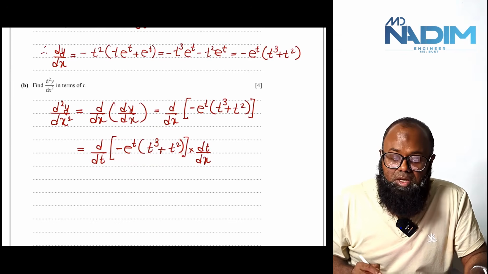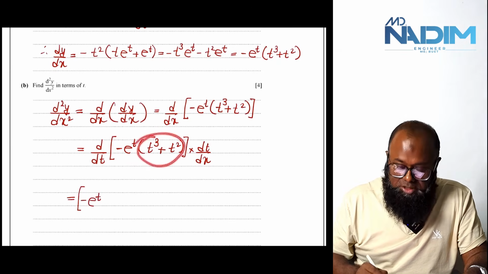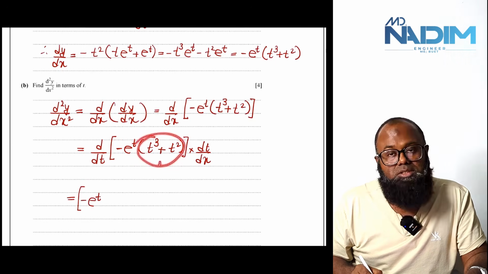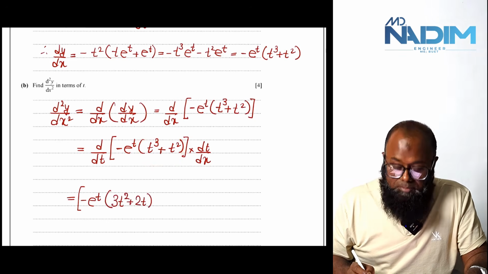Now here you can see that again you will have to apply the product rule to get the derivatives. So I'll keep e to the power minus t and I'll differentiate this. If I differentiate this, I'll get 3t squared plus 2t. So it would be 3t squared plus 2t plus.